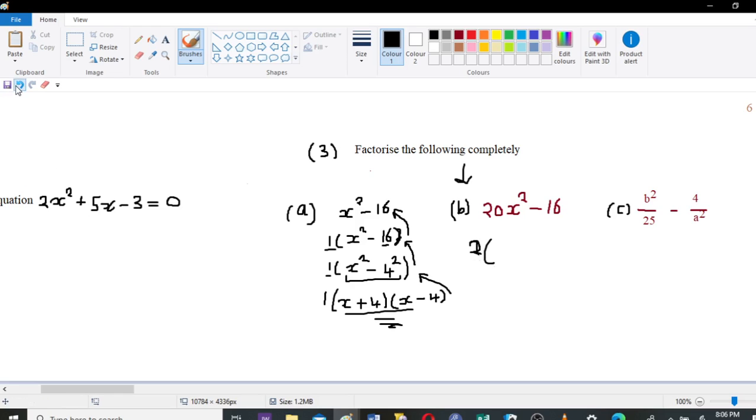We open the bracket, right? So we have 2 into 20, that will give us 4x squared, minus 2 into 16, that will give us how many?